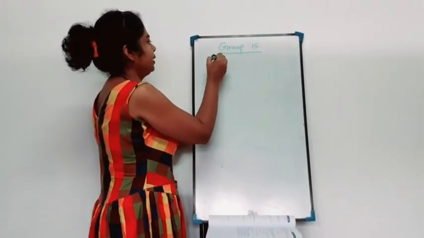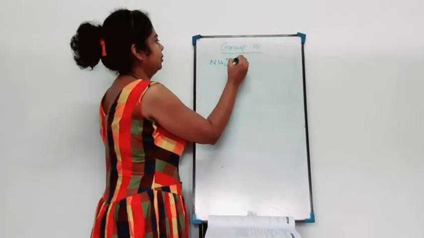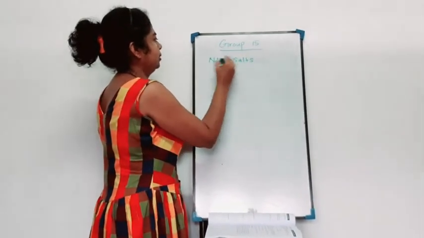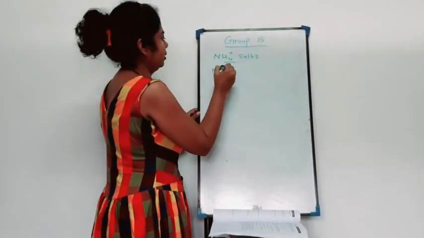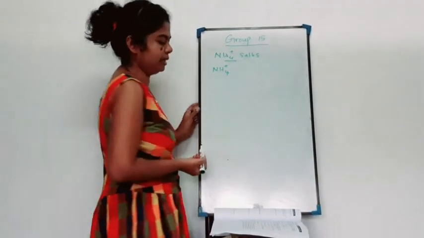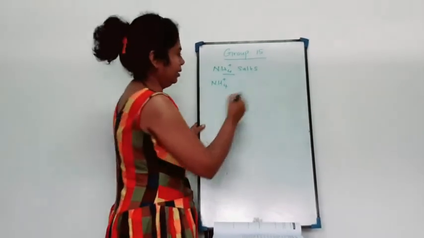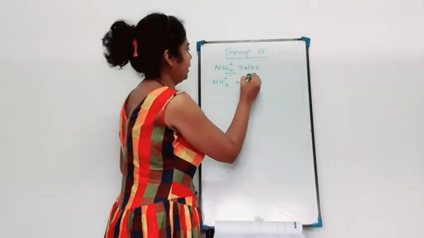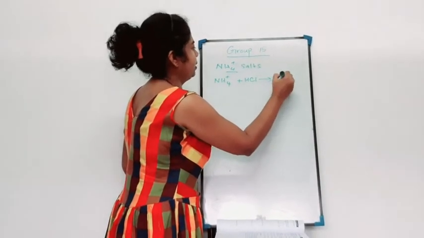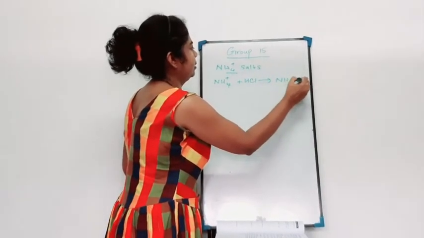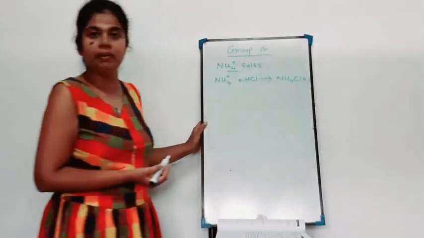Identification of ammonium salts is very simple. Ammonium ion reacts with HCl and gives out ammonium chloride, which is a solid.